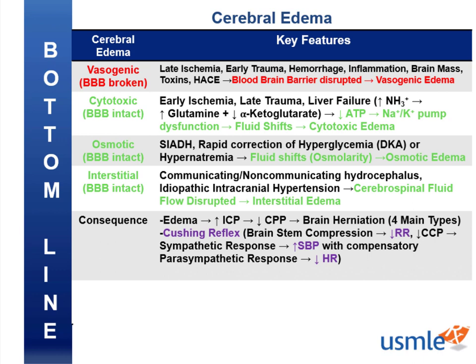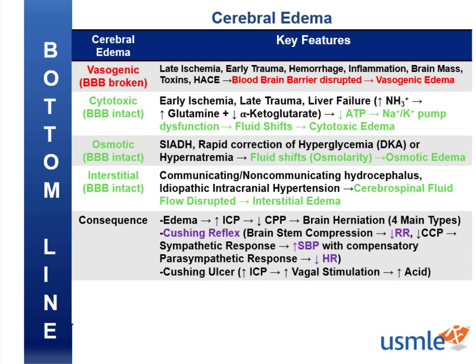This hypertension is then felt by baroreceptors that cause a compensatory parasympathetic response and ultimately bradycardia. Make sure you know that very high-yield triad of bradycardia, a reduced respiratory rate, and hypertension for the Cushing reflex. That will be on your exam.